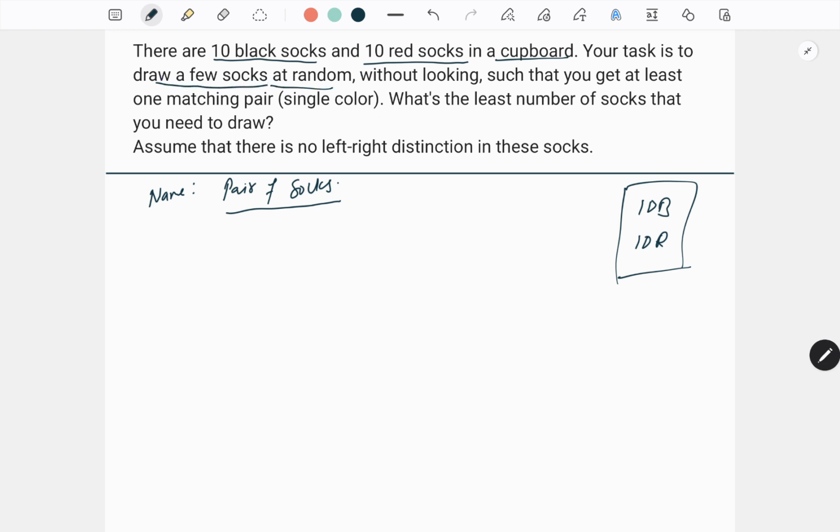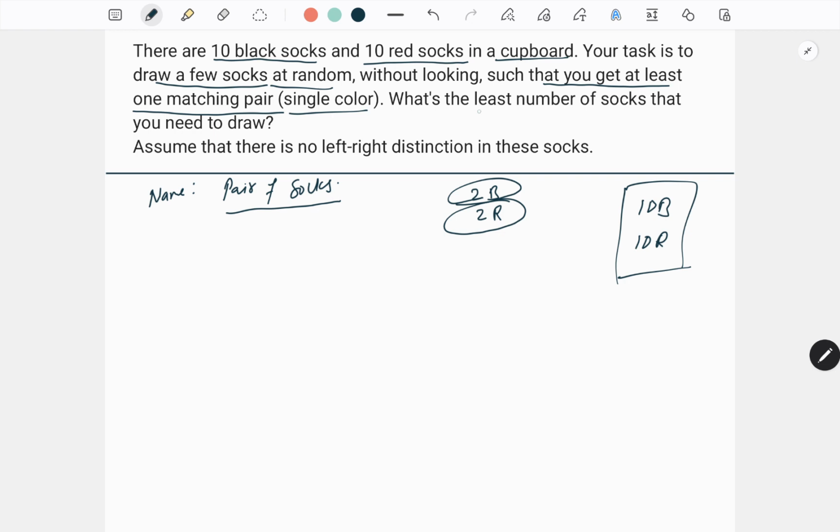You put your hand in the cupboard and draw a sock without looking into it, such that you get at least one matching pair. You will say you have got a pair if you have two black socks or two red socks. If you get two black socks, you have one pair. If you have two red socks, you have one pair.